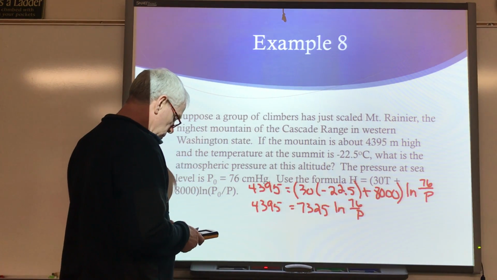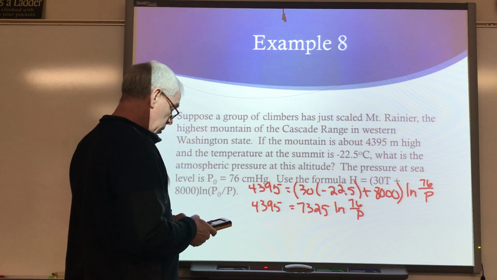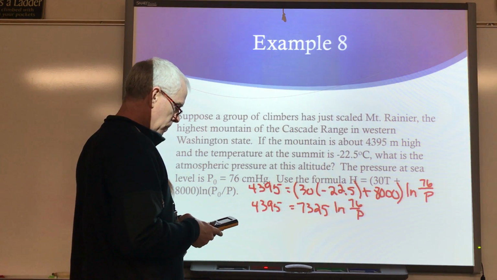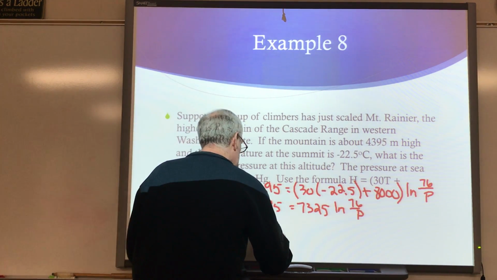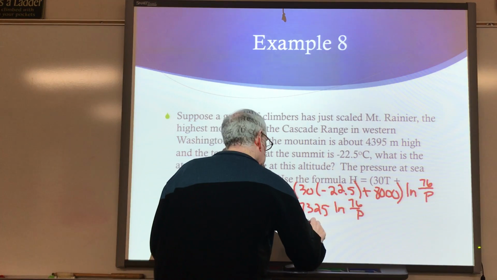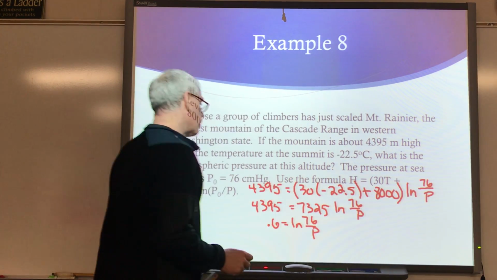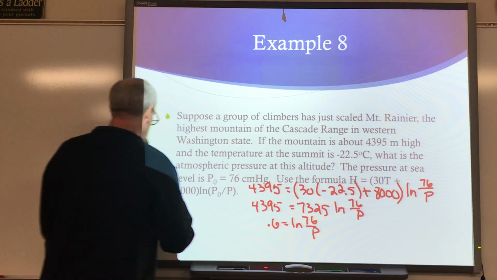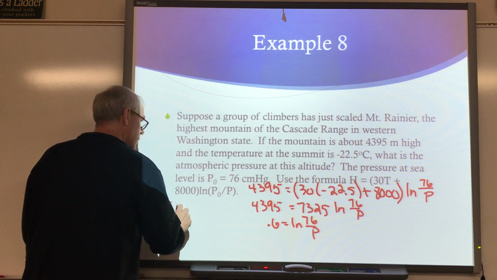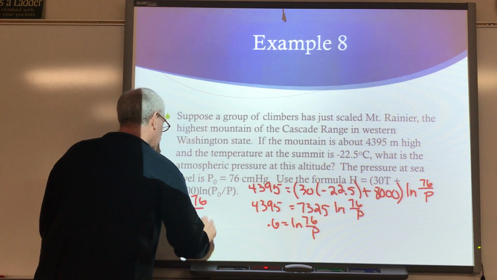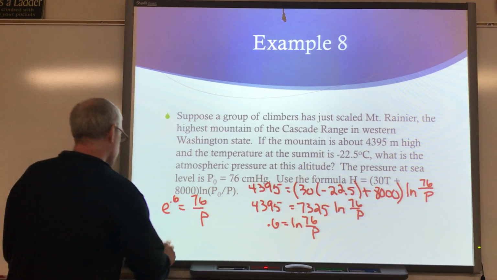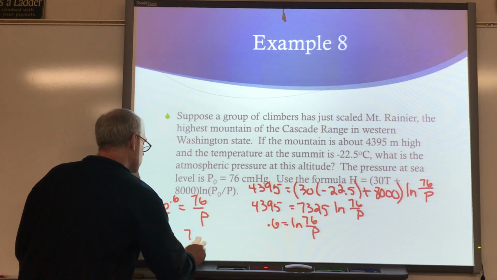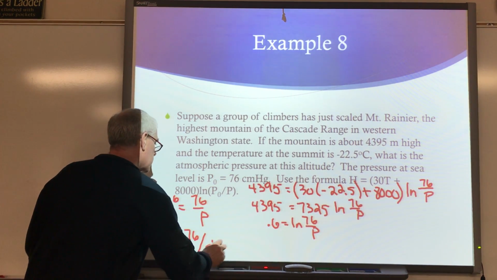So I've got to take that 4,395 and divide it by 7,325. I get 0.6. Now I can rewrite it as an exponential. Okay, so this is ln or base e. So e to the 0.6 equals 76 over P. Okay, which means P is 76 over e to the 0.6.